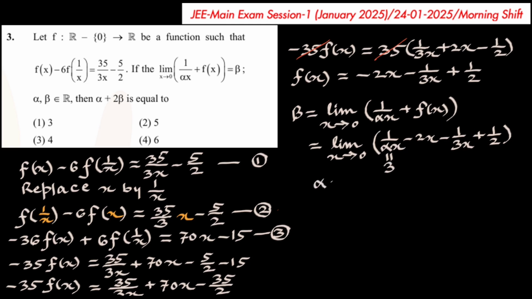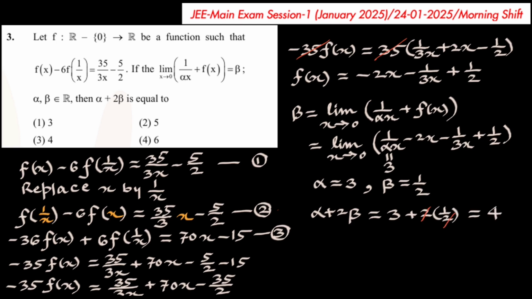So we get alpha equals 3, and when we solve this limit as x tends to 0, we get beta equals 1 upon 2. So the required value alpha plus 2 beta will become 3 plus 2 times half, which is 4. Hence the correct answer is option 3, 4.